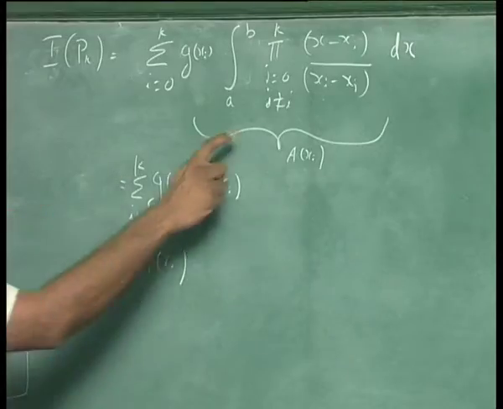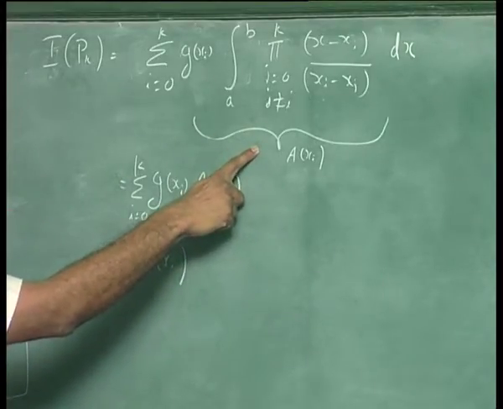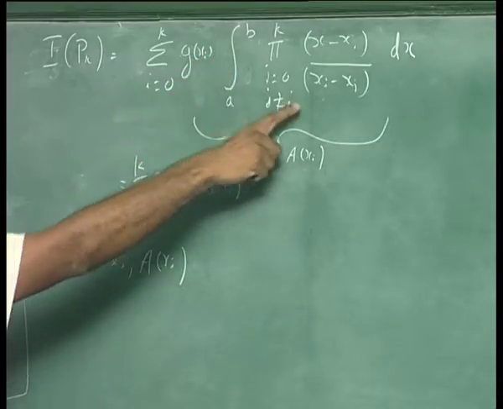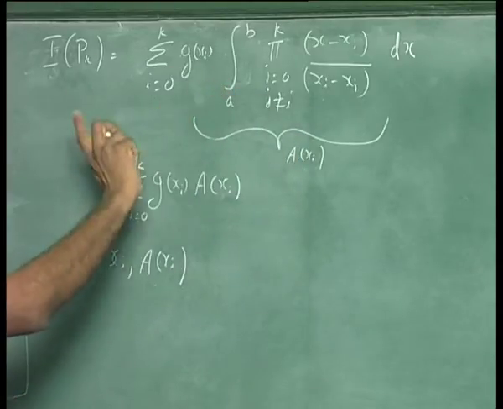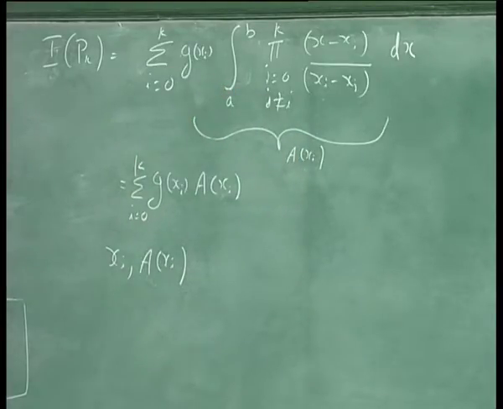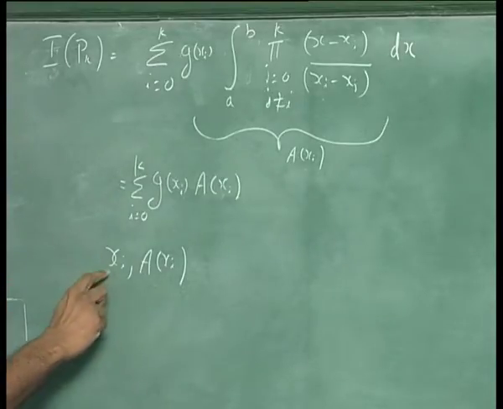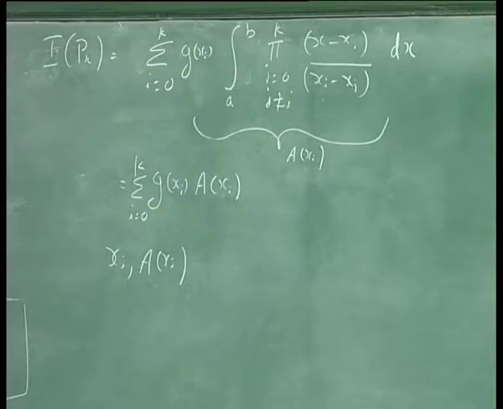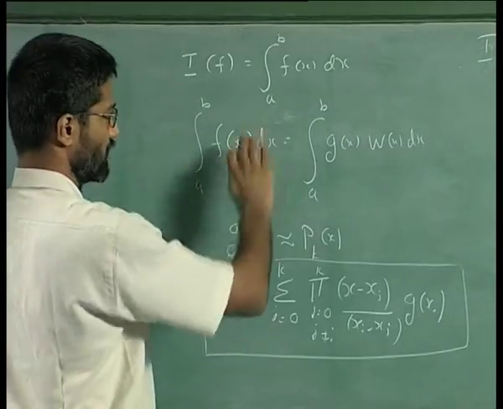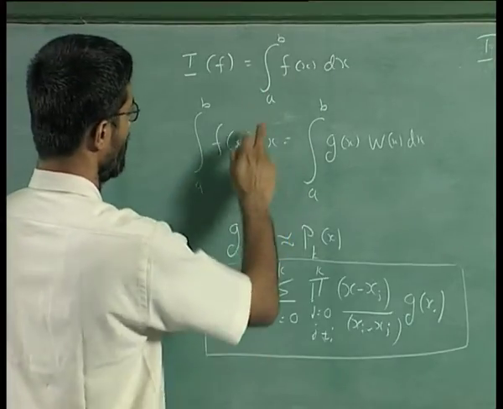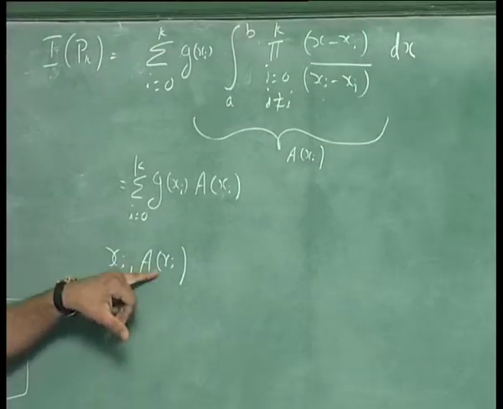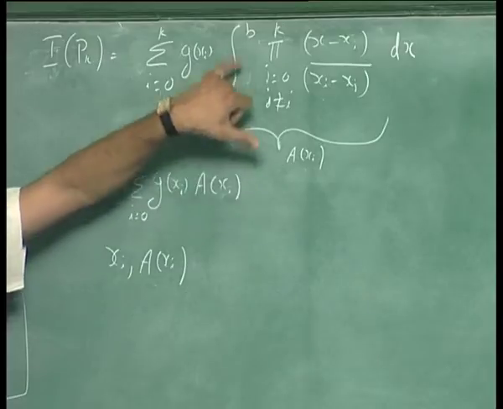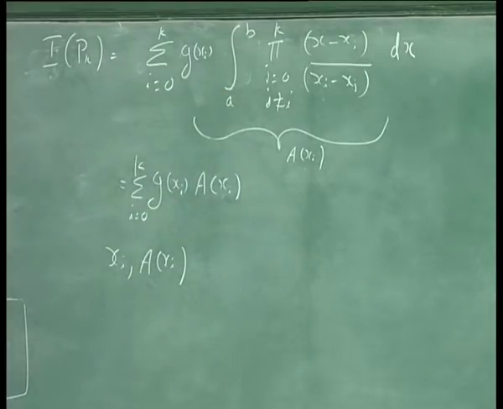So, this quantity, the weights a of xi, depends only on the limits, and this is a general polynomial here, which does not depend on the function value g or f for that matter. So, I can just tabulate, if you give me this xi and a of xi, I can do any integral of any function which is smooth and continuous, in that interval a to b. Of course, this will depend on which limits a to b we use. So, that is the advantage. Okay.